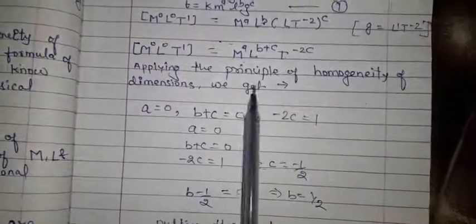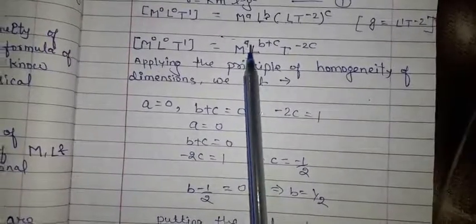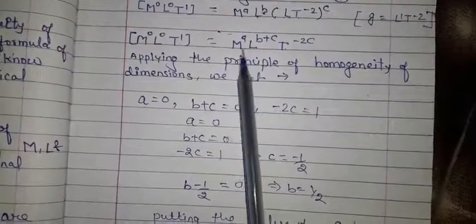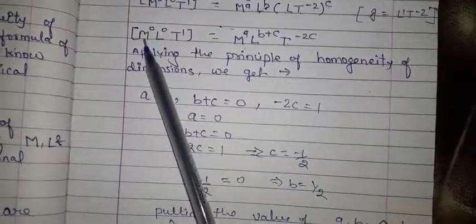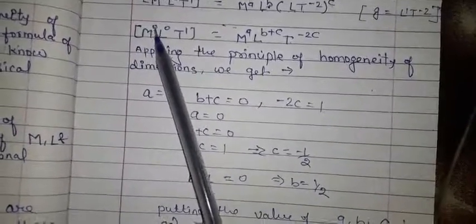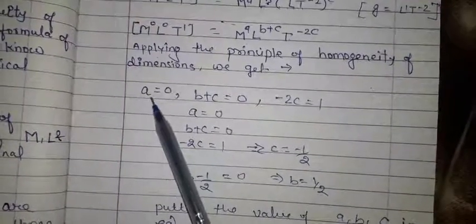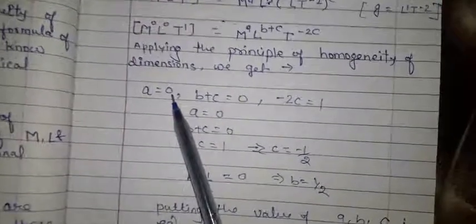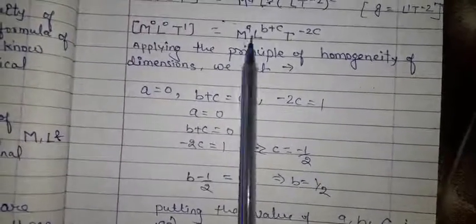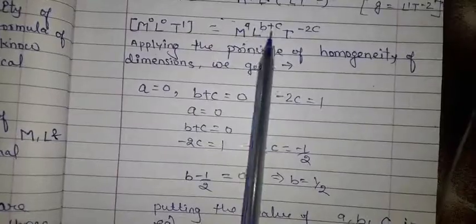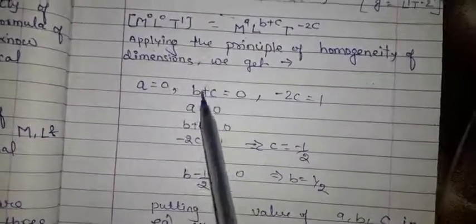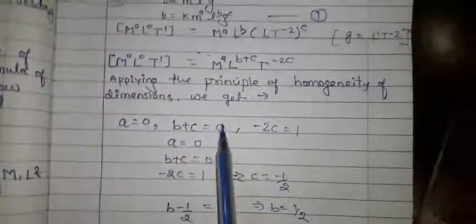From here compare: M to the power a, and in this equation in LHS M to the power 0. So what is the value of a? a equal to 0. Okay, and b plus c equal to what? 0. So b plus c is also 0.